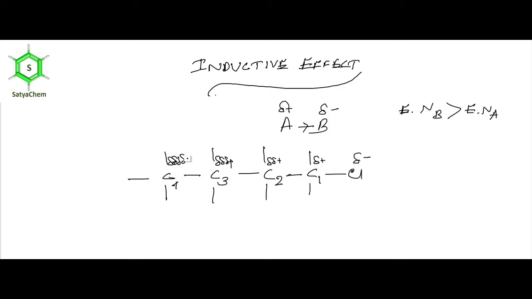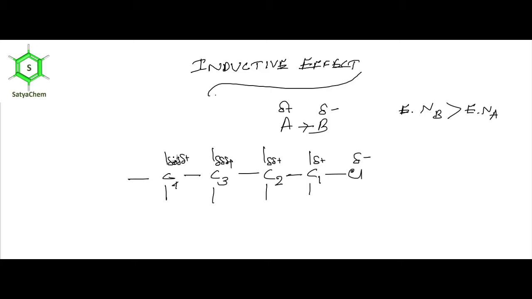and again C3 also withdraws electron density from C4 through sigma bond. But double delta positive, triple delta positive, and tetra delta positive means the positive charge density decreases if you move from C1 to C4. So actually this positive charge density decreases on moving from C1 to C2, C2 to C3, and C3 to C4.